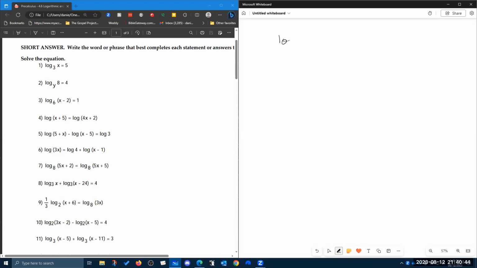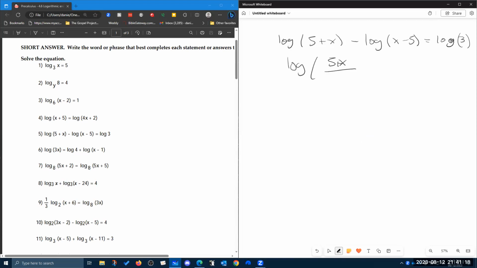Log base 10 of 5 plus x minus log base 10 of x minus 5 equals log base 10 of 3. So I'm going to rewrite this as division.